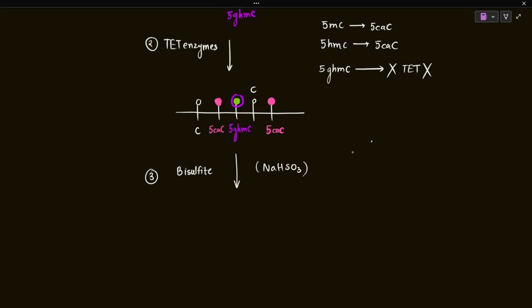Sodium bisulfite deaminates cytosine, converting it into uracil. It converts cytosine to uracil, as well as 5-carboxyl cytosine to uracil.